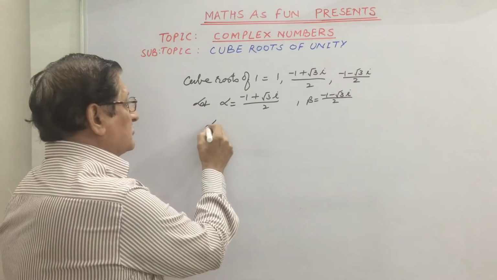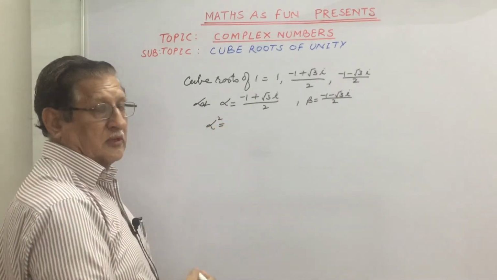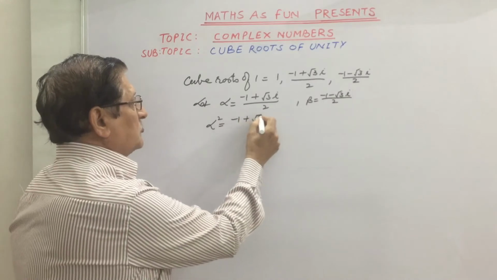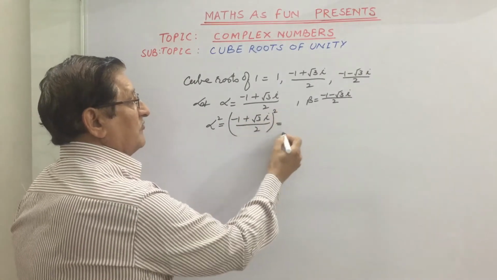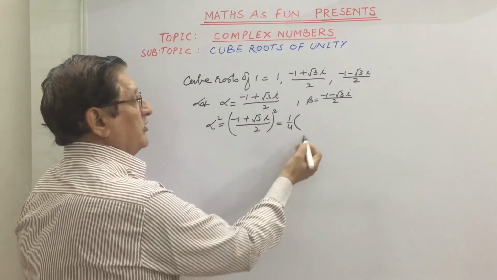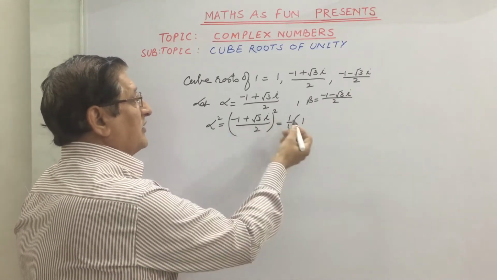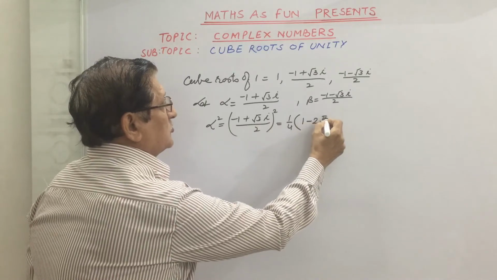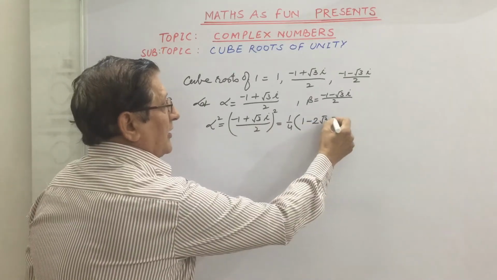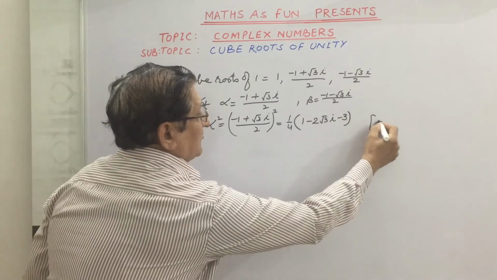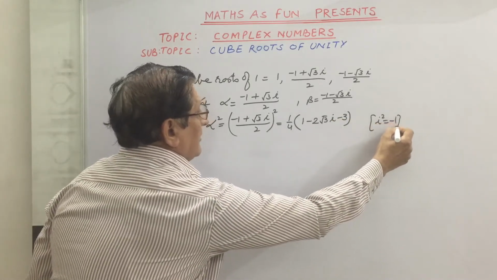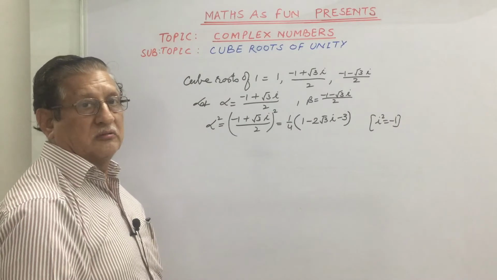If we find the square of alpha, minus 1 plus root 3 iota upon 2, the square of this will be 1 upon 4 into square of minus 1 is 1, minus 2 root 3 iota, minus 3. Why minus 3? Because we know iota square is minus 1.